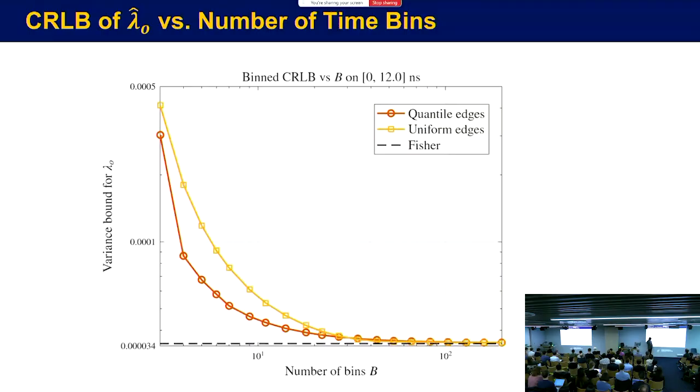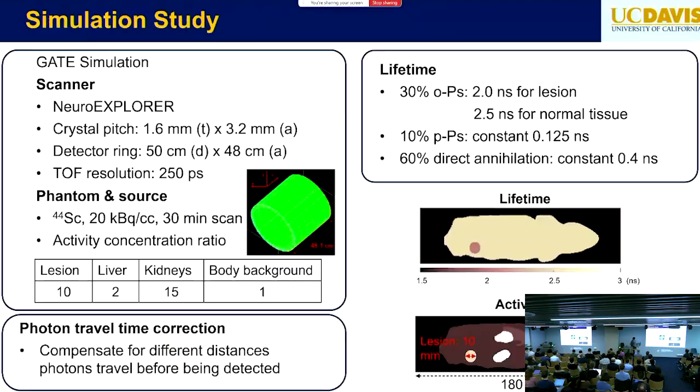As you can see, we need about 20 to 100 bins to achieve that bound close to the least squares data. If we use a non-uniform bin, a Fisher-normalized bin, it gives you a little better variance with fewer bins, but once it reaches some larger number of bins, it doesn't matter which method we use. Okay, so we can do this reconstruction.